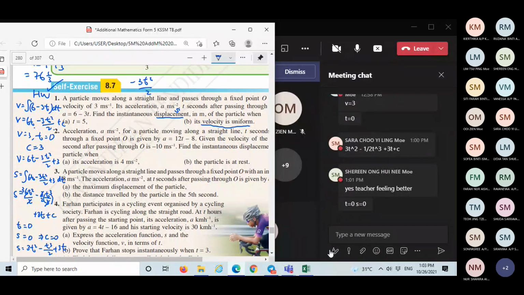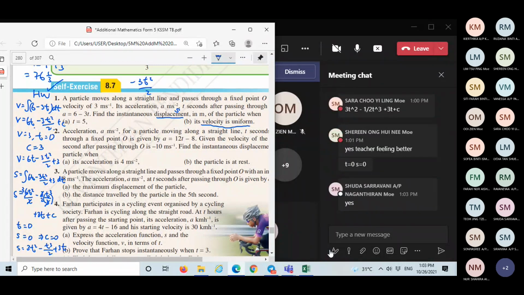Is Shuda here? What's the meaning of velocity is uniform? Anyone can help? I am also not very sure.